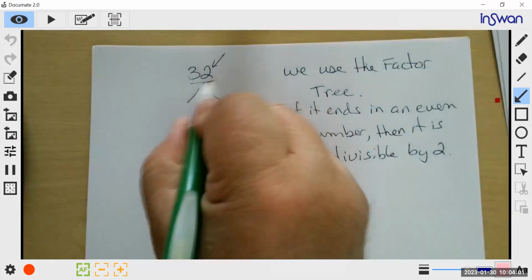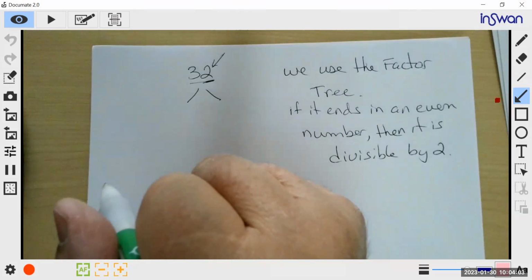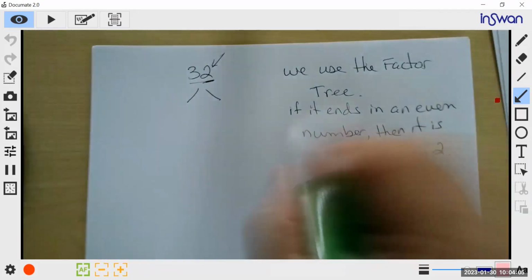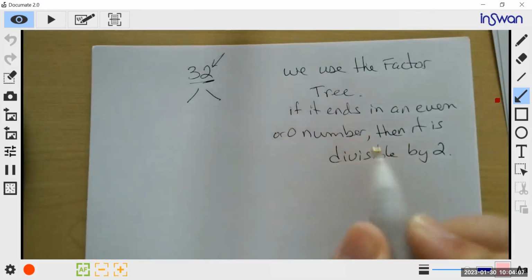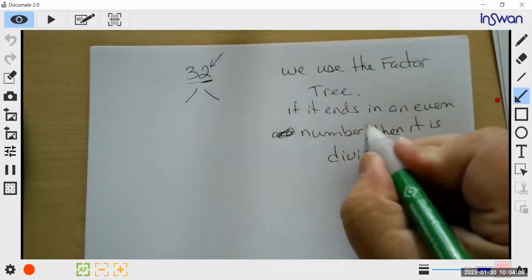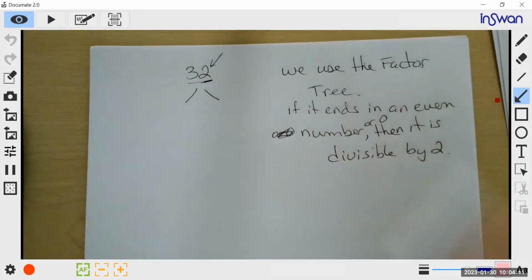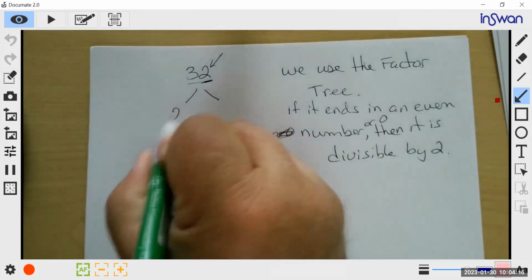So look at the last digit. If it's an even number or 0, then it's divisible by 2. So we know 2 goes in there.